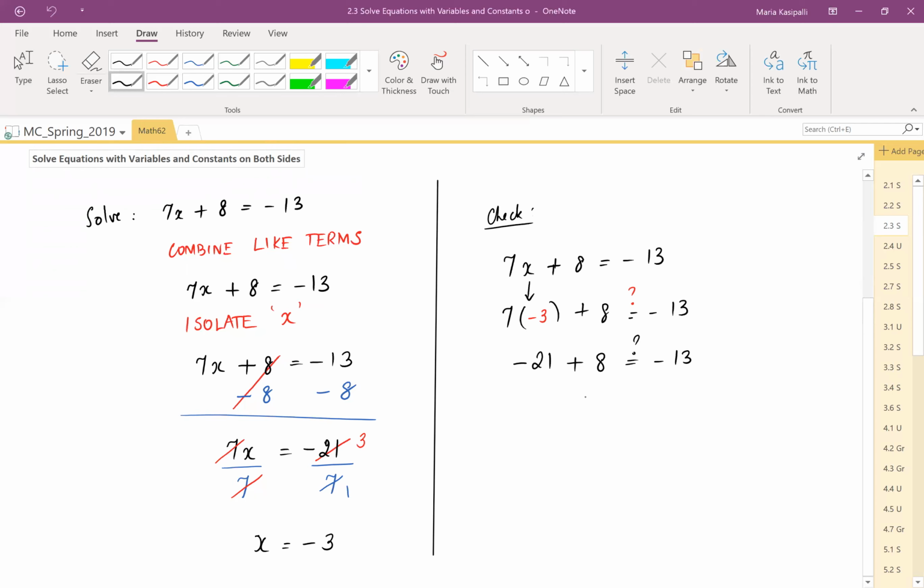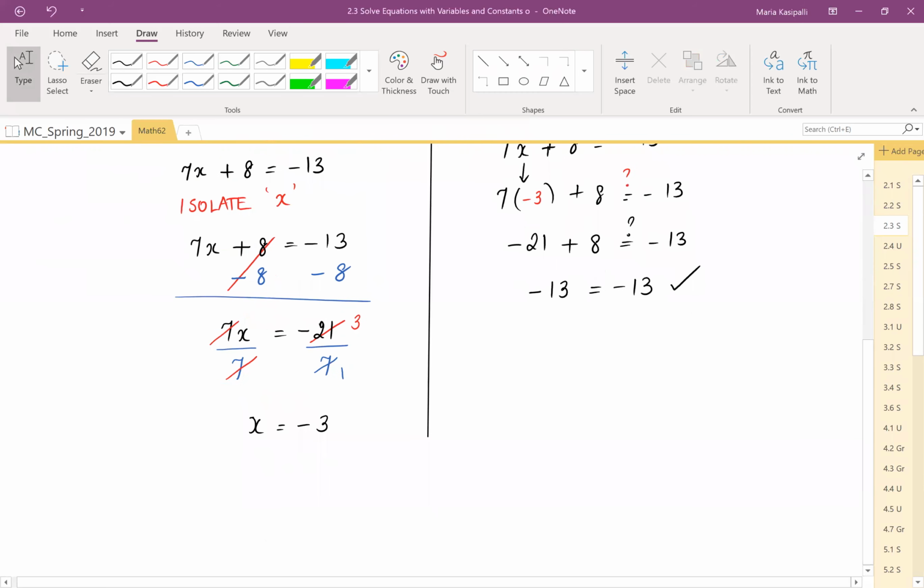You'll have to subtract the two numbers and take the sign of the larger number, which is the subtraction. 21 minus 8 is 13. The sign of the larger number is negative. Negative 13 equals negative 13. Got the answer. It's a true statement. Negative 13 must only equal negative 13. So we come back here and we conclude that this negative 3 is indeed the answer by boxing it.